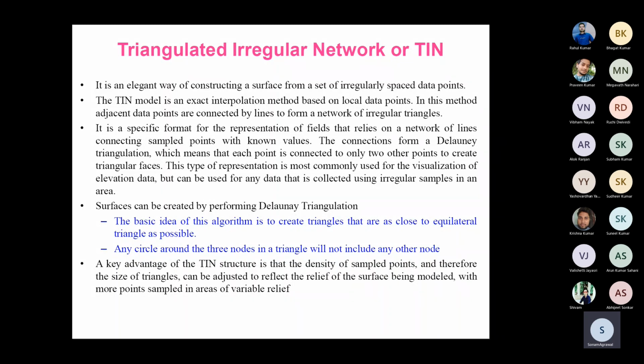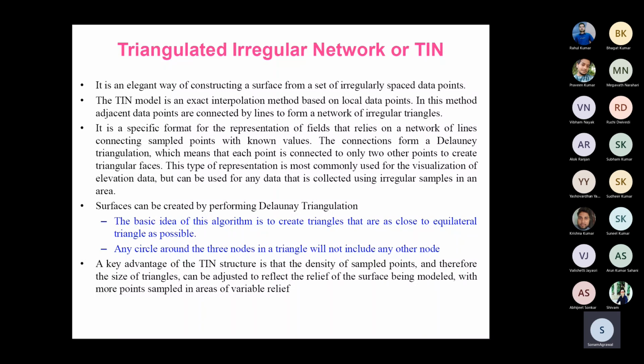In the case of TIN, there will be some sample points. Usually the samples are collected in such a way that it is an example of adaptive sampling. Earlier in interpolation, we learned about the sampling types, which are systematic sampling, random sampling, adaptive sampling, and cluster sampling. So this one is like adaptive sampling, where there is a change.